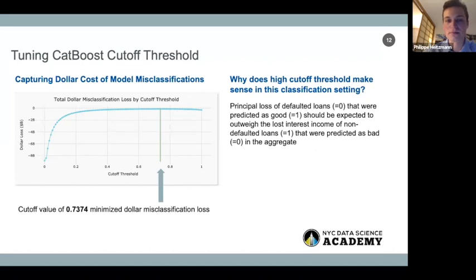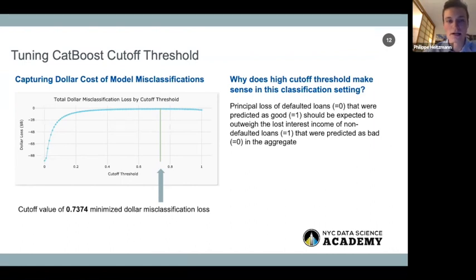So this just means, for example, varying that cutoff threshold. If I had a 0 cutoff threshold, that means that I'm predicting every single loan as a good loan, which of course, not every single loan is. So I will have large amounts of principal loss when the good loans that I predicted are actually bad loans. That will be captured in this dollar loss variable, and then I'll be able to see how that trends across different values, and see which one is best.